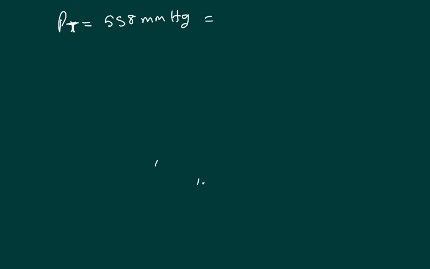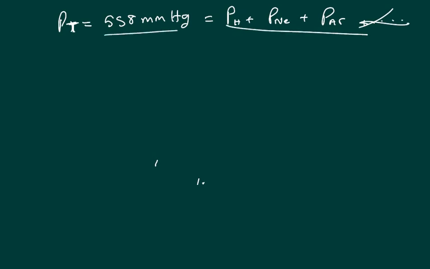And the total pressure then will refer to the partial pressure of helium plus the partial pressure of neon plus the partial pressure of argon. Okay? And if we had more gases, we'll just keep on going. But in this case, we only have 3. So all of these partial pressures should end up adding to 558 millimeters of mercury.